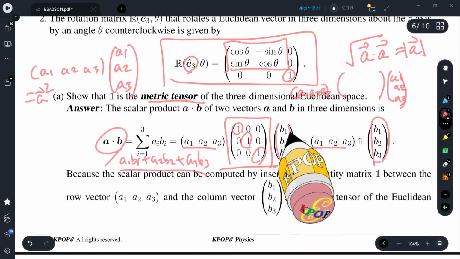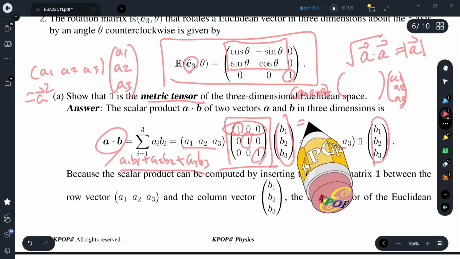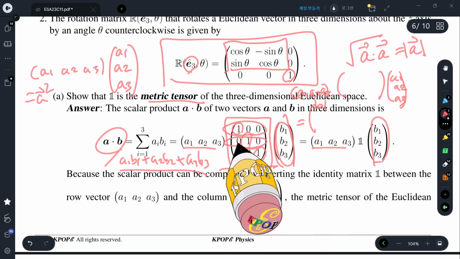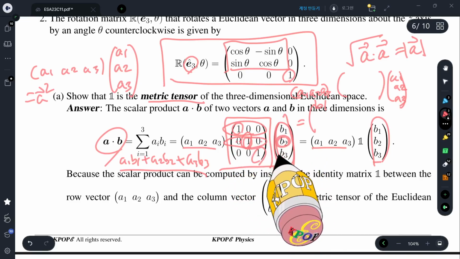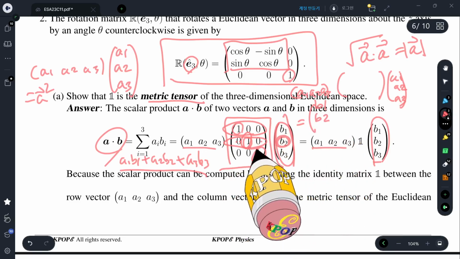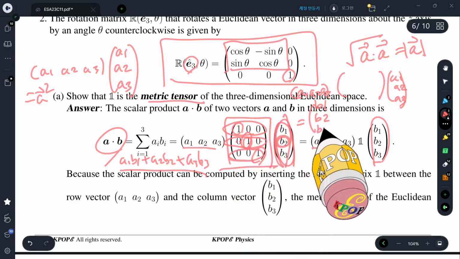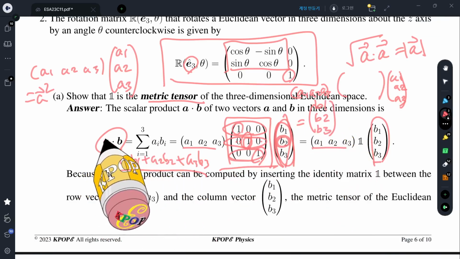Let's see. If I multiply this column, here, the first element is B1. If I multiply this and this, what I find is a vanishing, and it projects out the middle. And then, if I multiply to here, the result is B3. Therefore, B1, B2, B3, so it is identical.